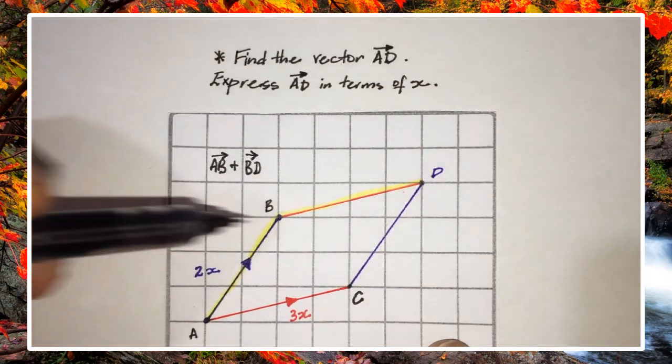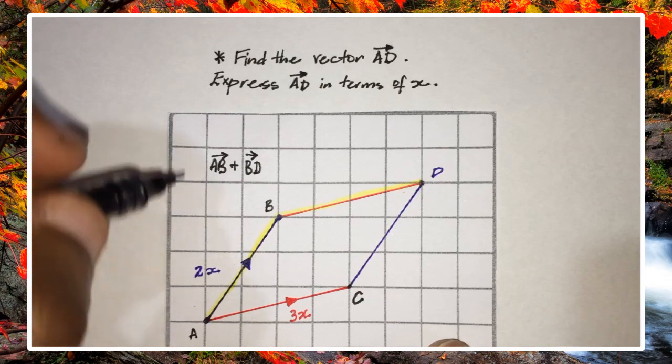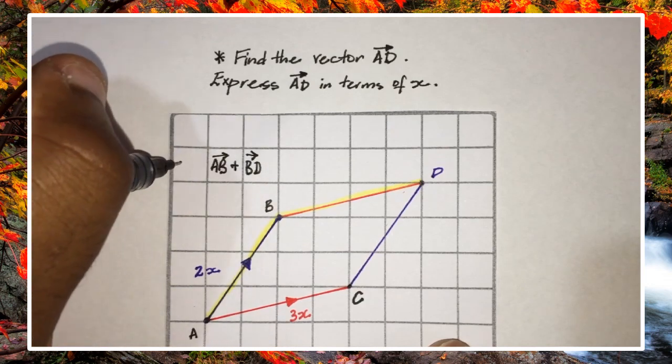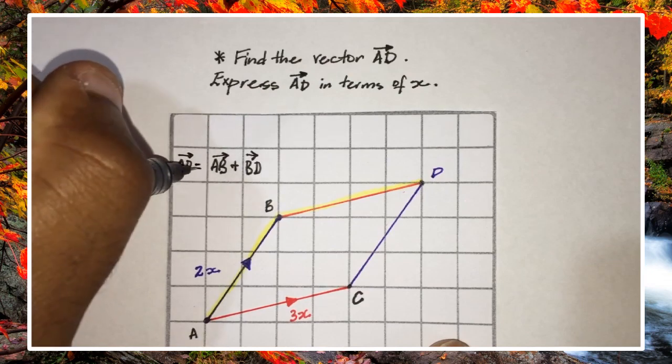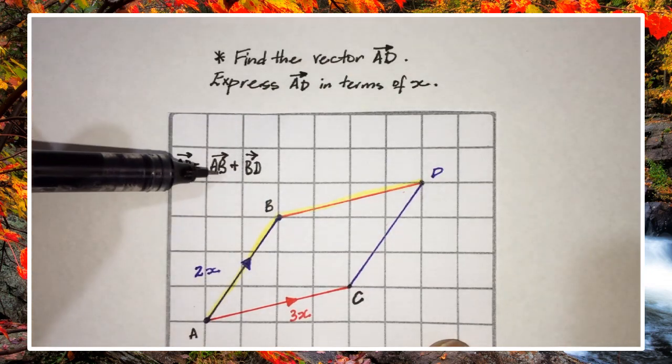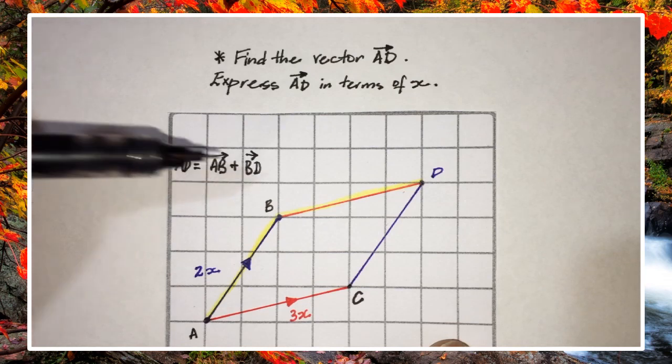That's what the yellow trace, the yellow route, is telling us. We can get to D from A, which is the vector AD, by traveling AB and then BD.